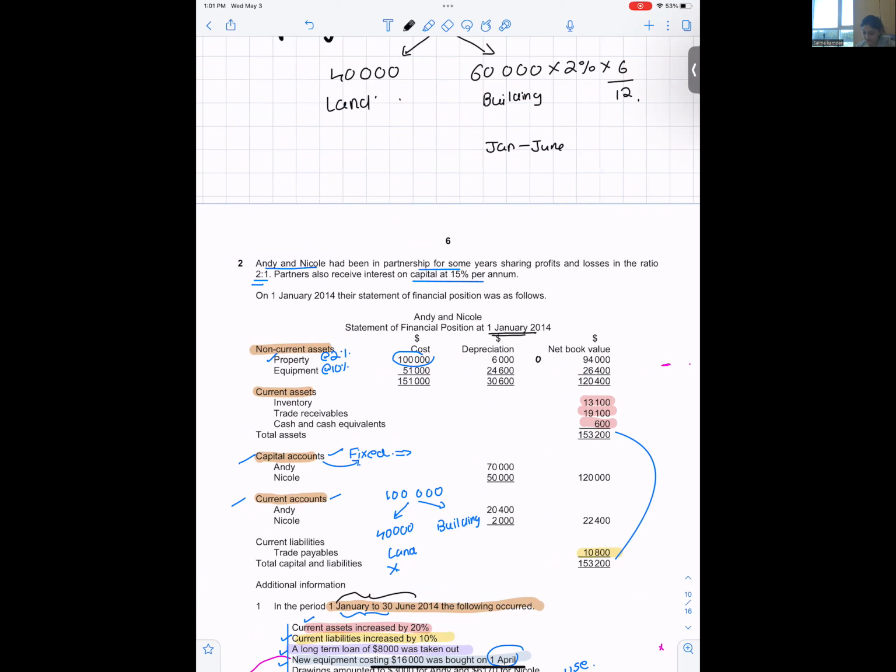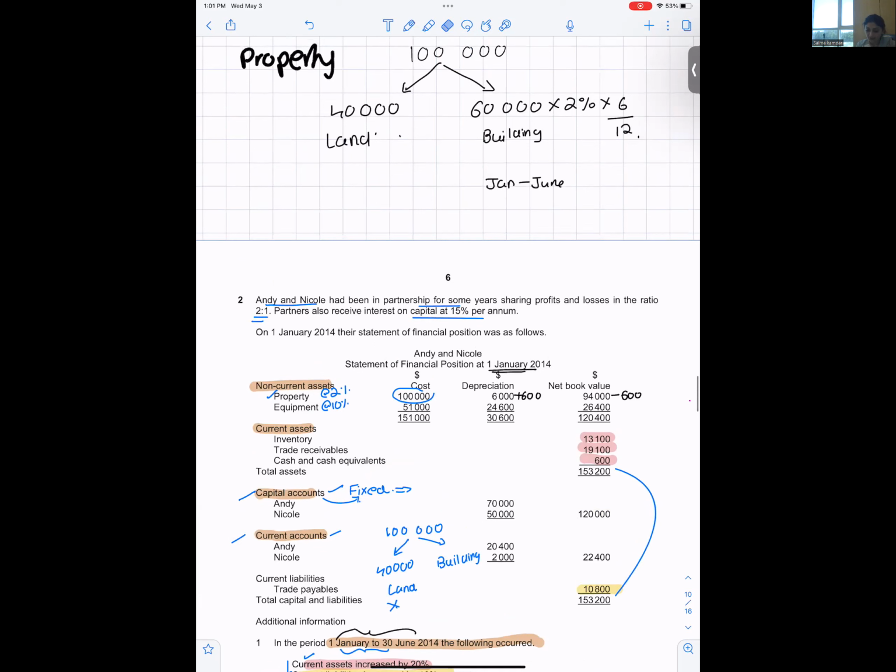This is going to give me 600. 600 will be additional depreciation, so the net book value will reduce by 600. So when I'm talking about property that is taken over, the net assets for property, it will be 94,000 minus 600, which becomes 93,400. I hope this is clear.